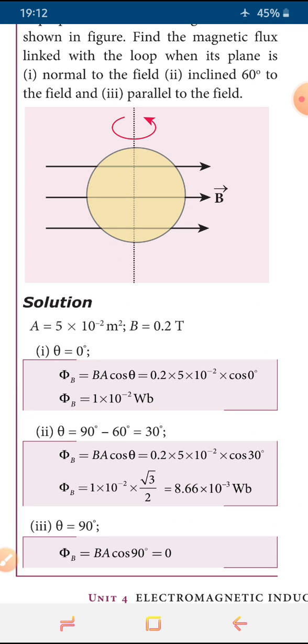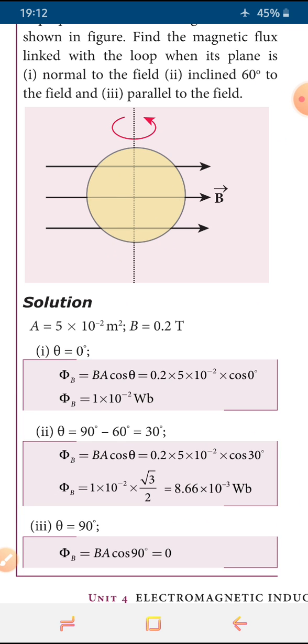The first question: it is normal to the field. If it is normal to the field, the angle is 0 degrees. Then BA cos 0, B is 0.2 and A is 5 into 10 to the power minus 2. The answer is 1 into 10 to the power minus 2 Weber. Next is 60 degrees. Inclined at 60 degrees means the angle is 90 degrees minus 60, which is 30.